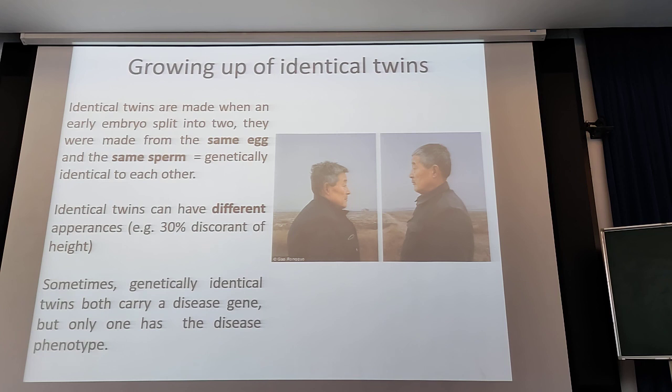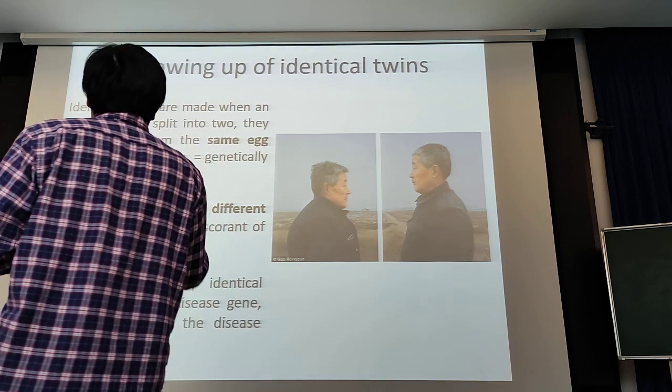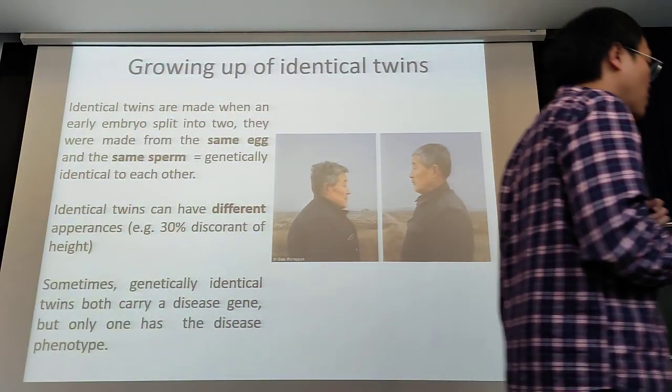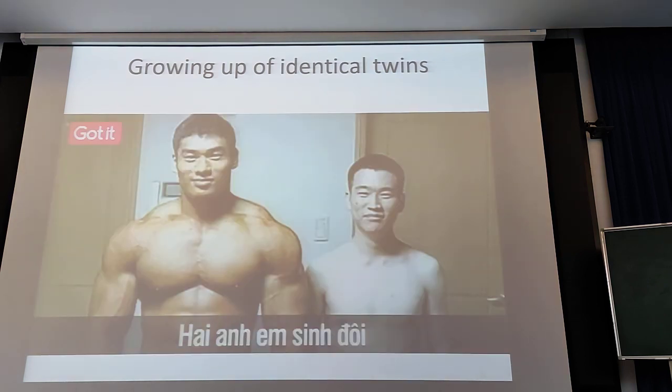Studying twins, scientists continue to find that even though monozygotic twins have the same genetic background, 30% of twins will have different outcomes in height. And sometimes the differences are really critical, like in this case.